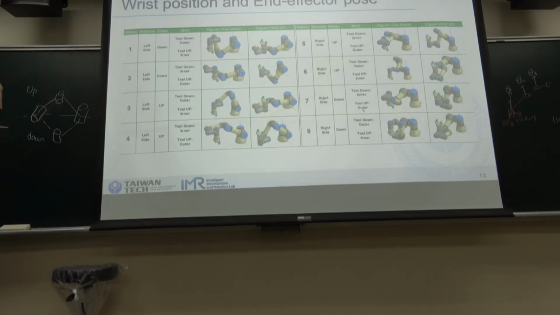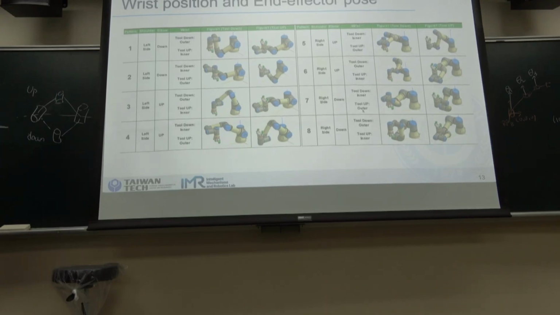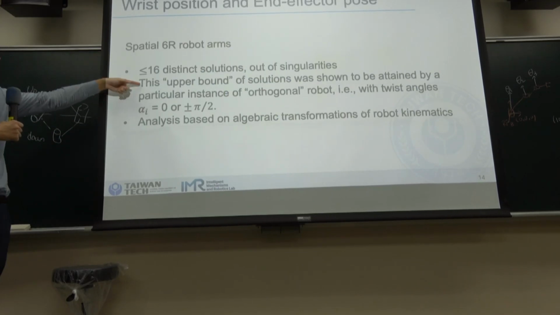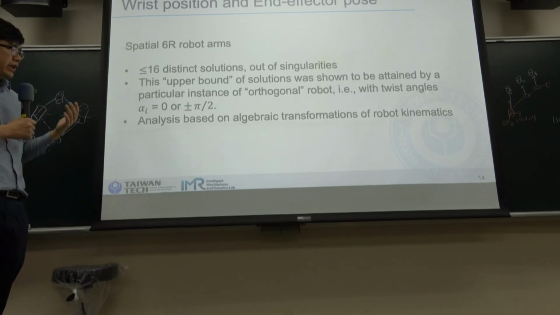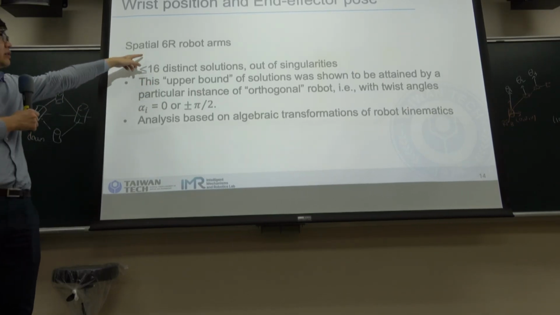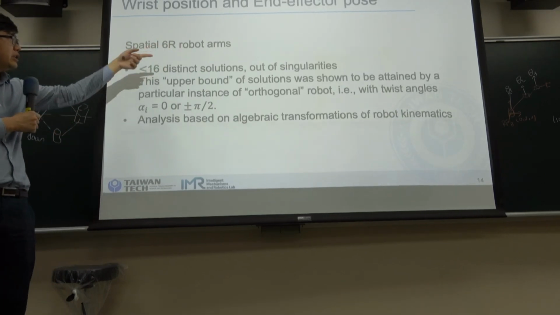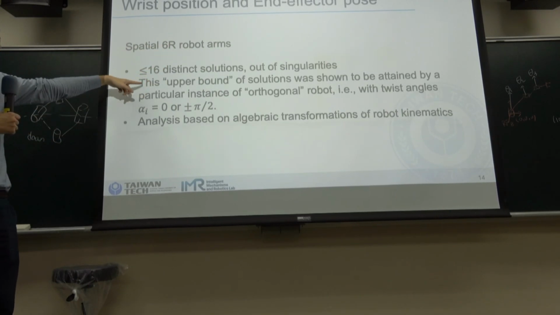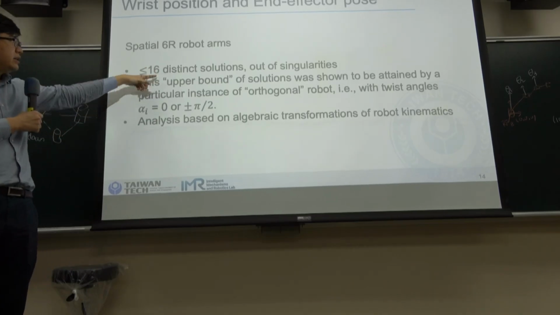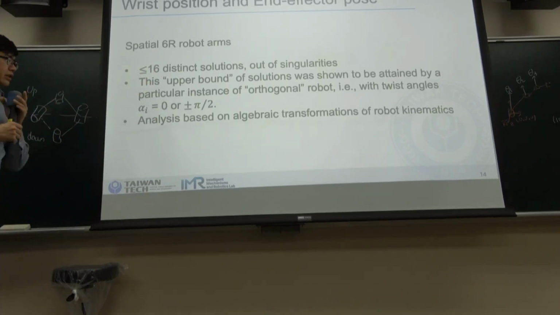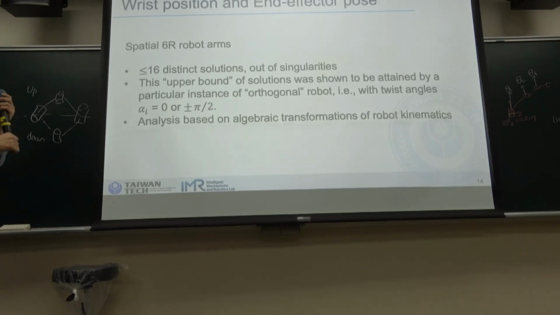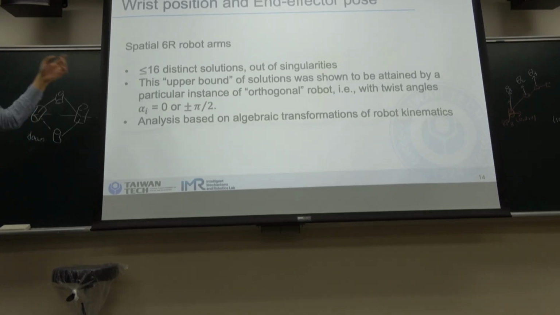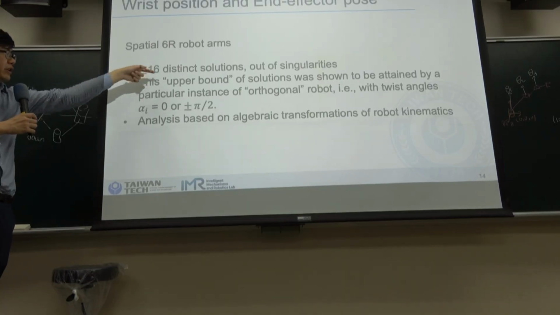But when you have all the solutions, you need to check them. And for some special types, which we'll introduce later, a special 6 degree of freedom robot arm with revolute joints can have a maximum of 16 solutions. We'll show the kind of robots that have 16 solutions.